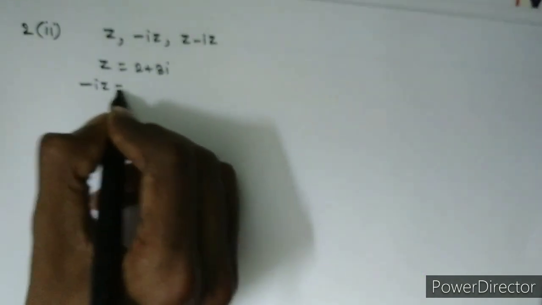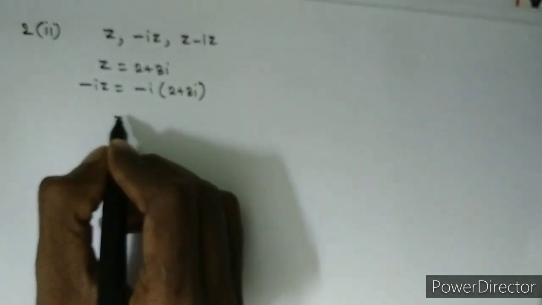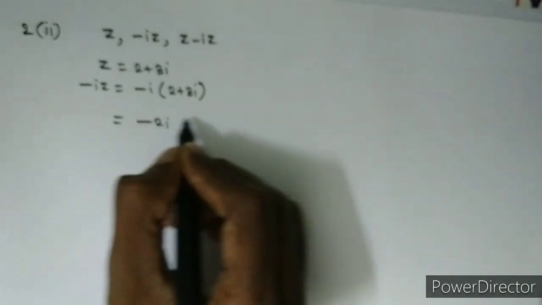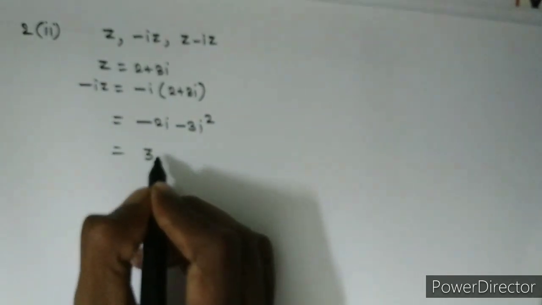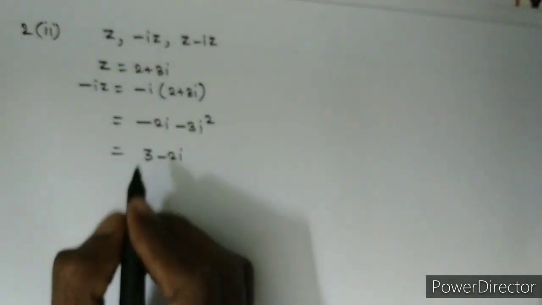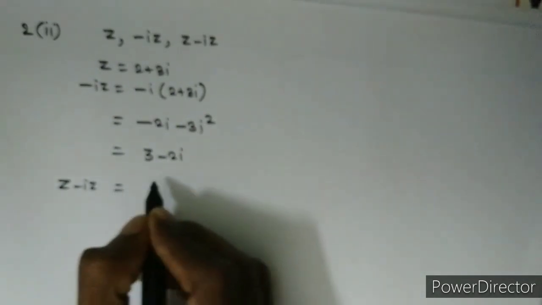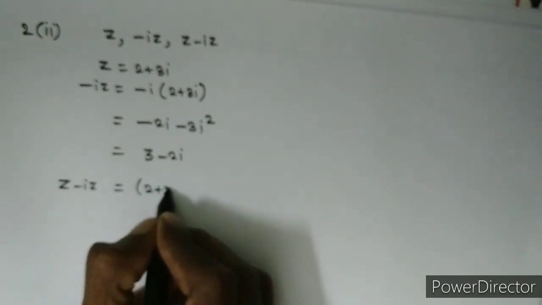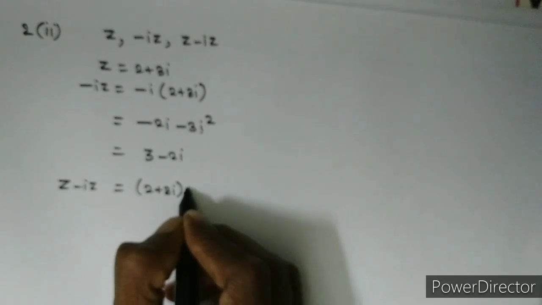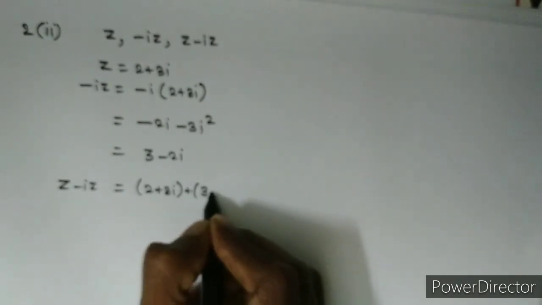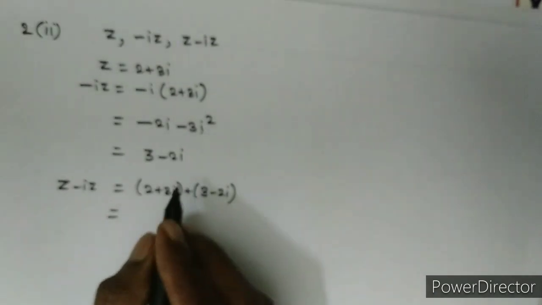Then by using z we write minus iz, that is −i into (2 + 3i), which is −2i − 3i square. Minus 3i square means plus 3, so it is 3 − 2i. Then z minus iz is the sum of the above two answers: 2 + 3i plus 3 − 2i, so the answer is 5 + i.